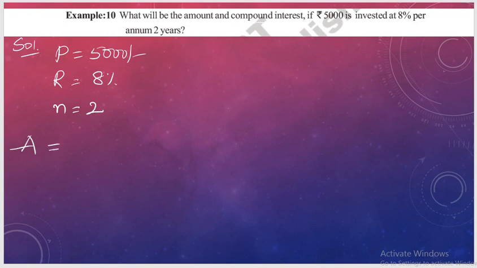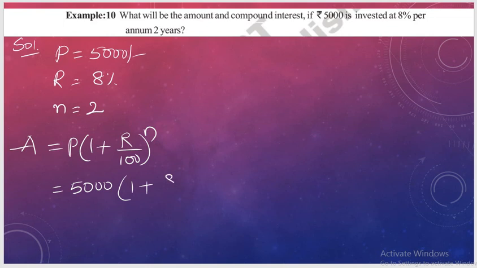So what is the formula of compound interest? A is equal to P into 1 plus R by 100 whole power n. So when I substitute the values, this is nothing but 5000 into 1 plus 8 by 100 whole square. Now when I do simplification, what am I going to get?